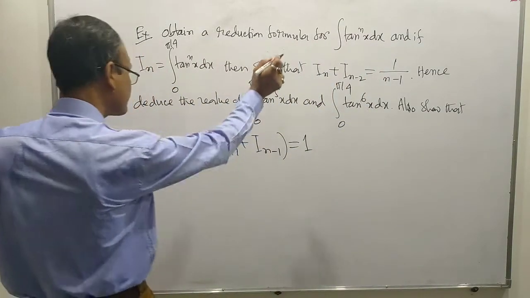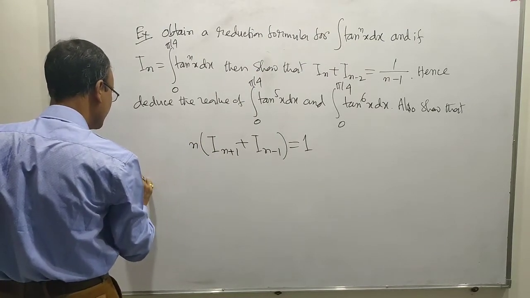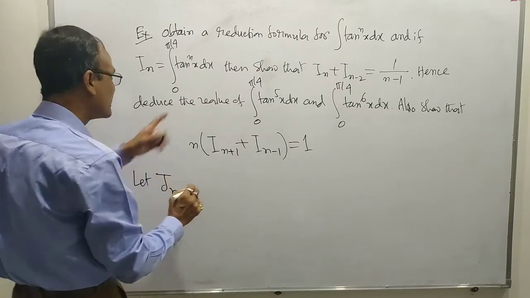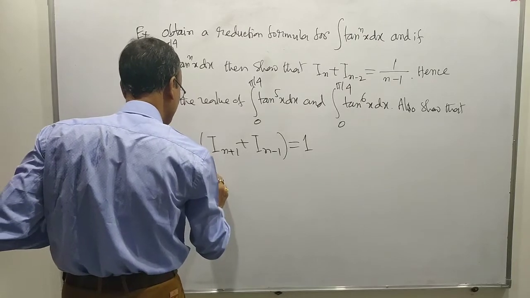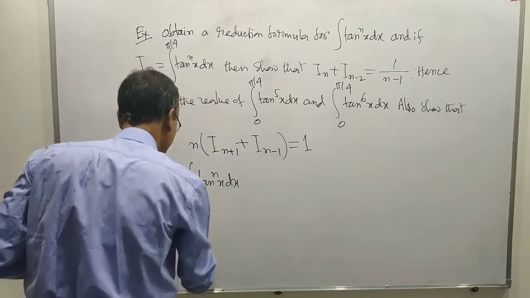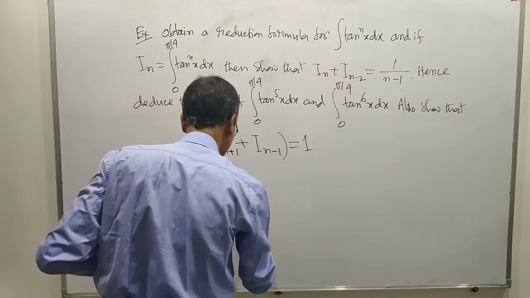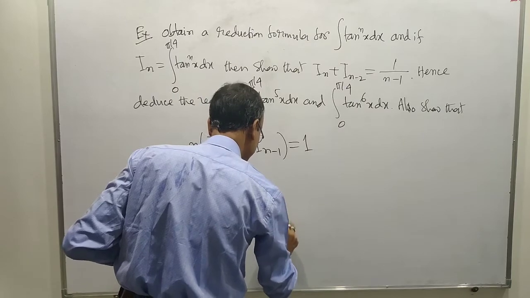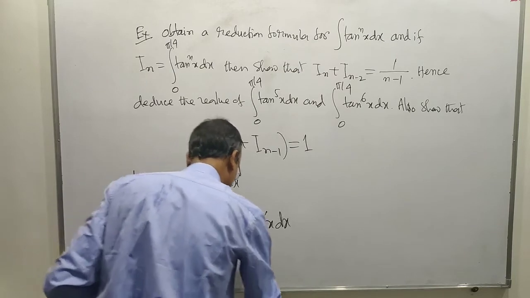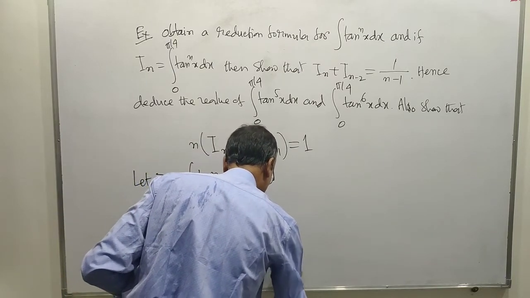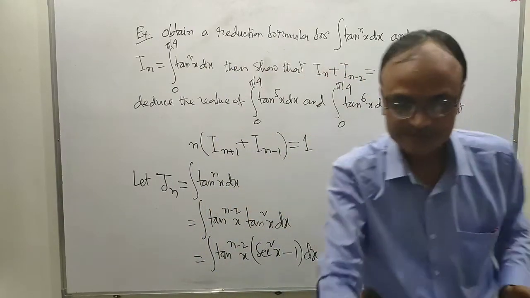Now let J_n, we have already used I_n, therefore let J_n equal to integration tan to the power nx dx, which can be written as integration tan to the power n minus 2x into tan square x dx. This is equal to integration tan to the power n minus 2x, for tan square x you may write sec square x minus 1.